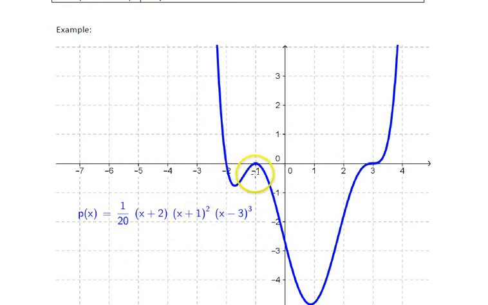The next 0 at -1 has a multiplicity of 2. So it touches and turns around at that 0. And the third 0 at 3 has a multiplicity of 3. So it crosses the x-axis, but since the multiplicity is not 1, at the 0 it levels out and then heads back up. So it's increasing all the time, but it's leveling out at the 0.